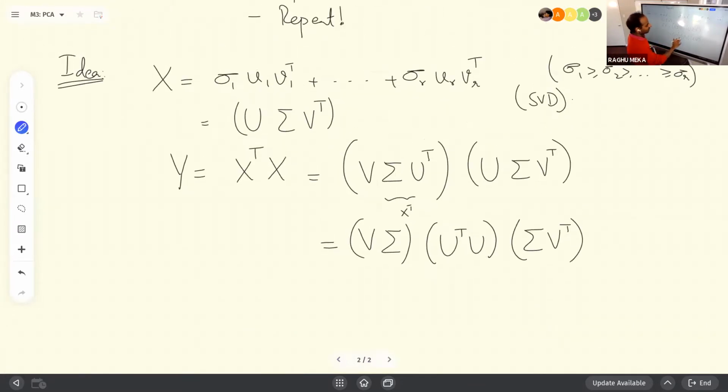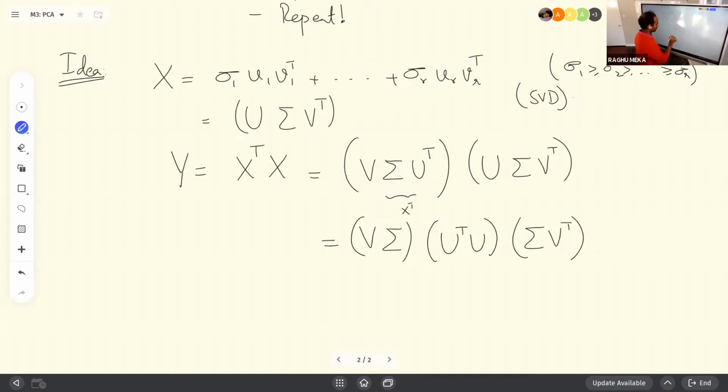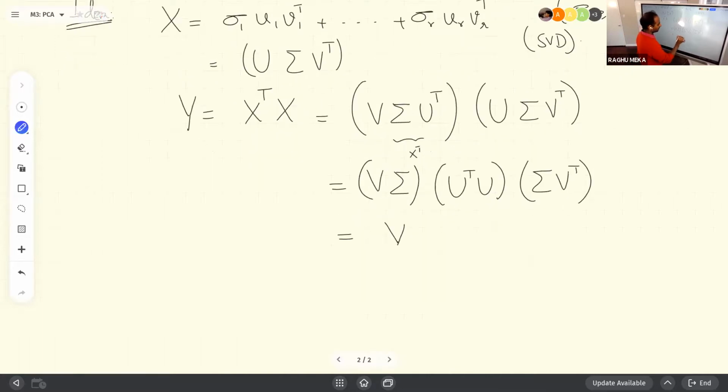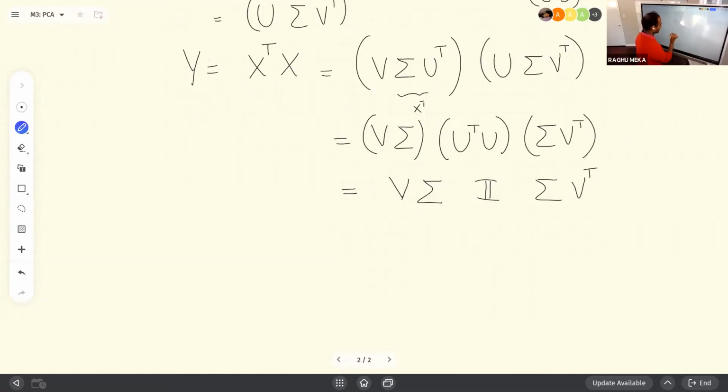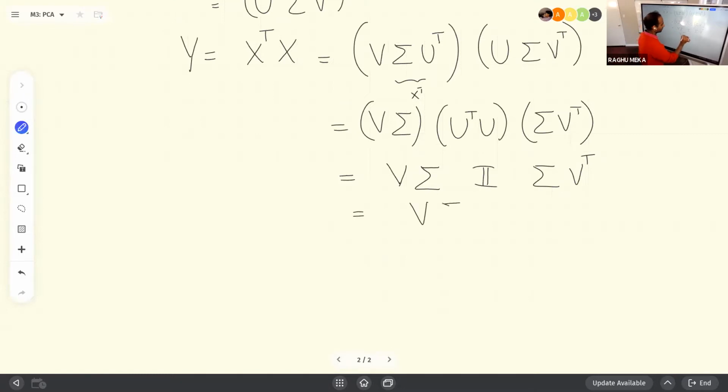So I get V sigma times U transpose U times sigma V transpose, which is just V sigma times identity times sigma times V transpose, which is V times sigma squared times V transpose.